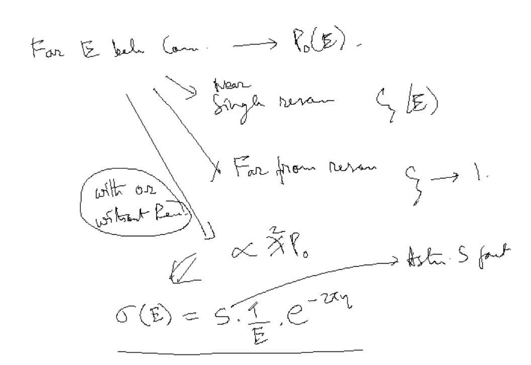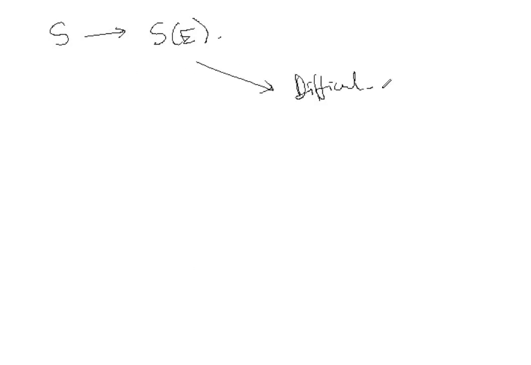However, we have to rely most of the time on experiments. Now why is this so? You see, this S is not fixed, it is a slowly varying function of energy, S of E, and there are several difficulties in its measurement. Now when I say measurement, I mean measurement in the lab.